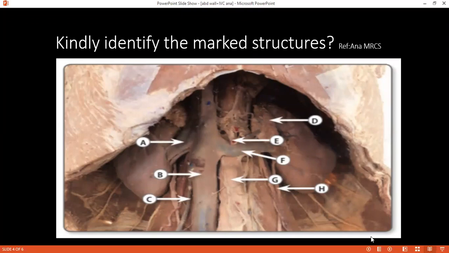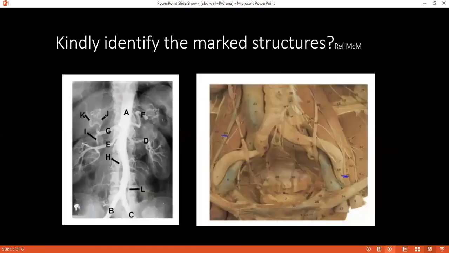Can you identify the picture on the left and all the labeled structures? Ma'am, this is an angiogram of the abdominal aorta. A is the abdominal aorta. F is the splenic artery. G is the common hepatic artery.